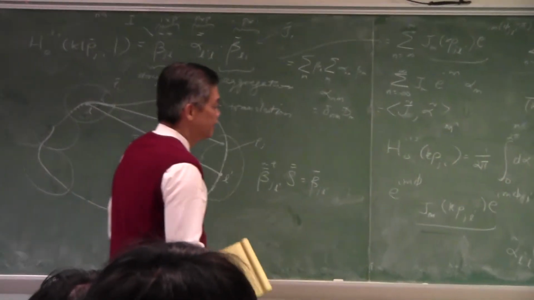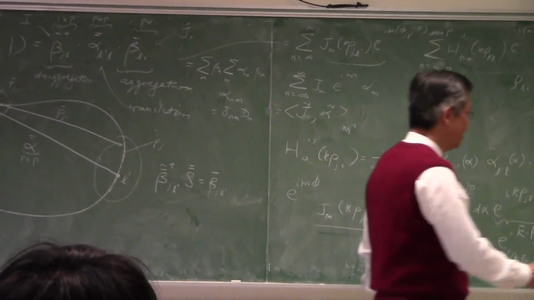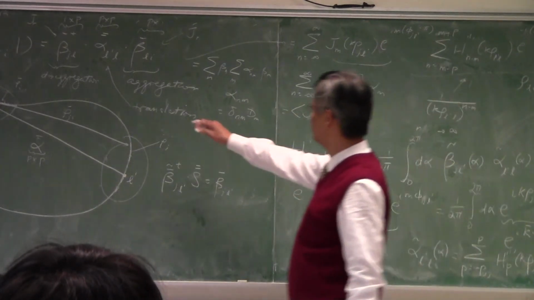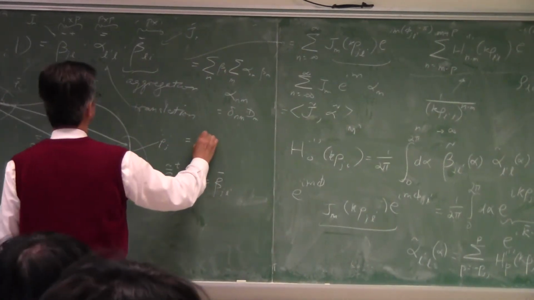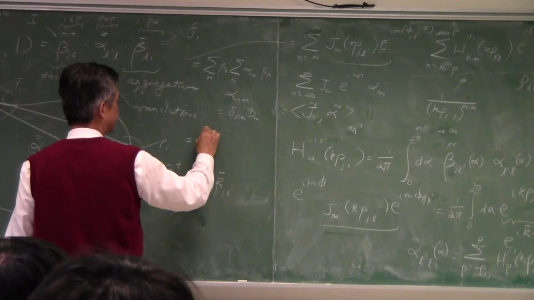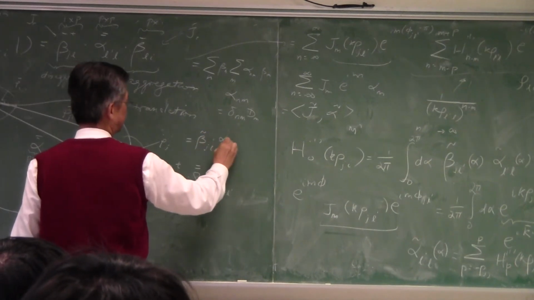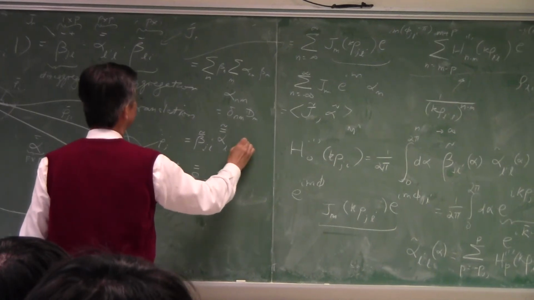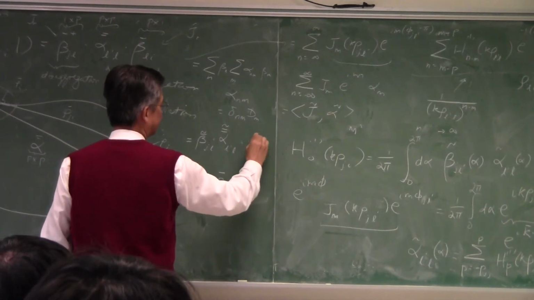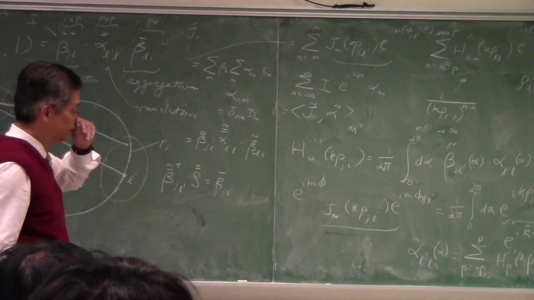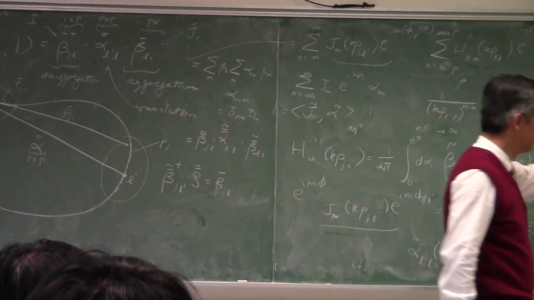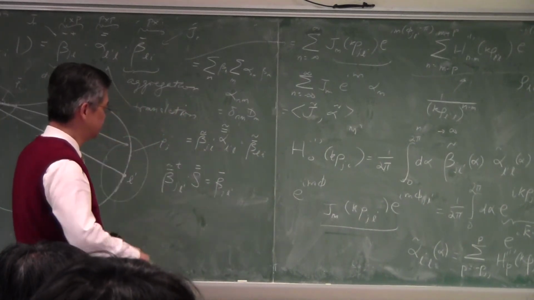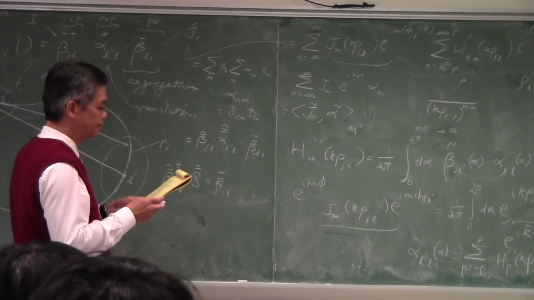And I can write this thing in the new coordinate system as beta JL tilde dot alpha L prime L tilde beta Li tilde. I can think of this new factorization as being written like this, where this is diagonal.